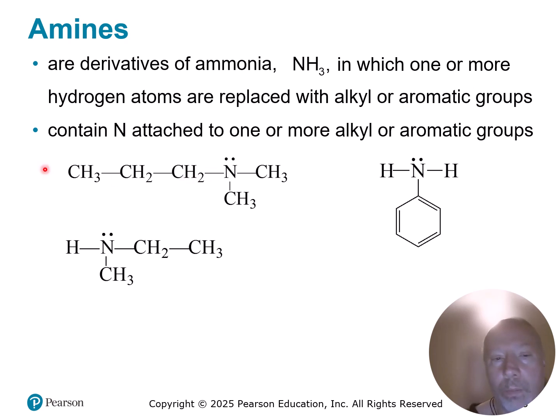We can put a propyl group and two methyl groups, or we can have a benzene ring put on one of the hydrogens on NH3, or we can have a methyl and an ethyl and leave the hydrogen on. So all of these molecules, which are called amines, are derivatives of ammonia, NH3. So not too different. We know that nitrogen makes 3 bonds as opposed to carbon's 4 bonds. And we have this lone pair that likes to be by itself. However, we'll learn this can be protonated.